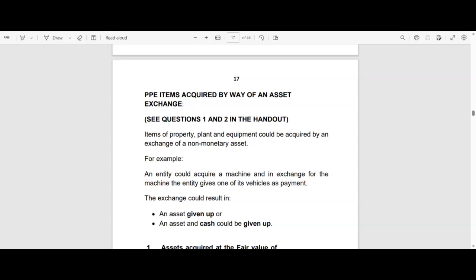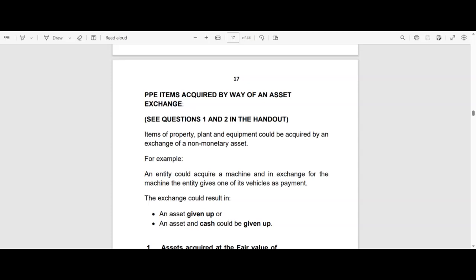We must look at it from the perspective of what we actually paid for the motor vehicle, and that determines our cost of the new vehicle.